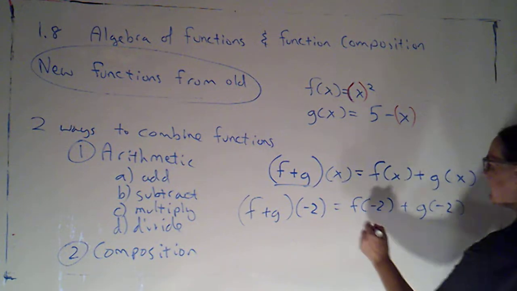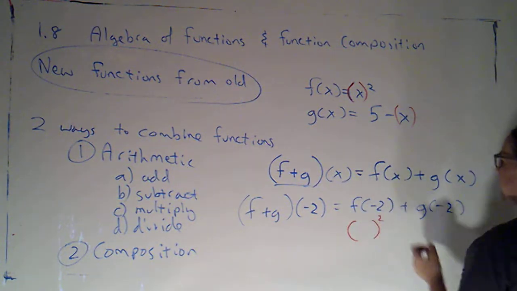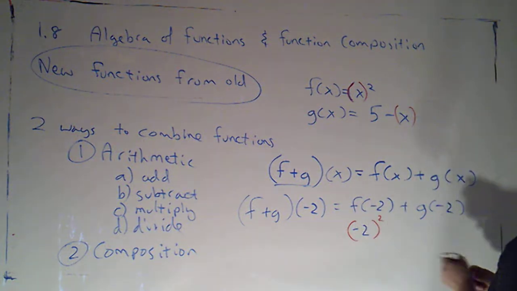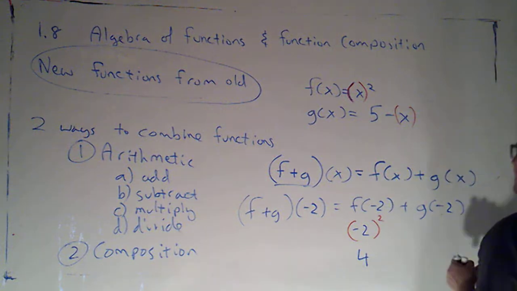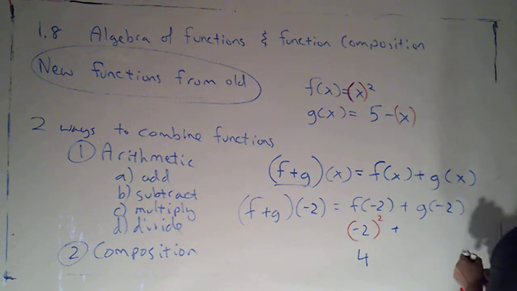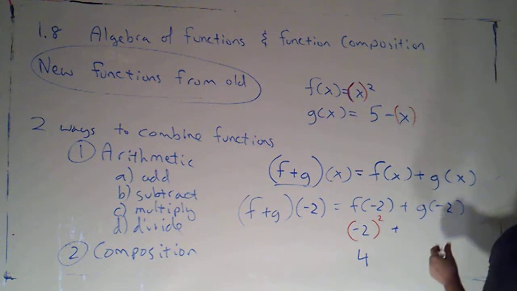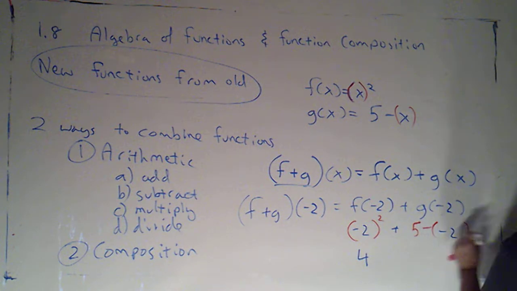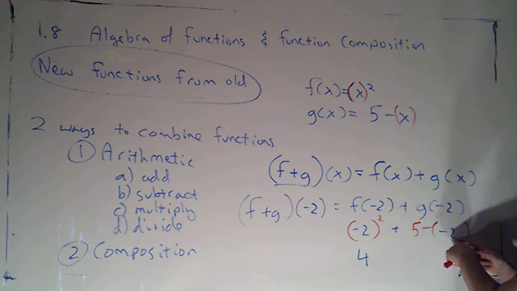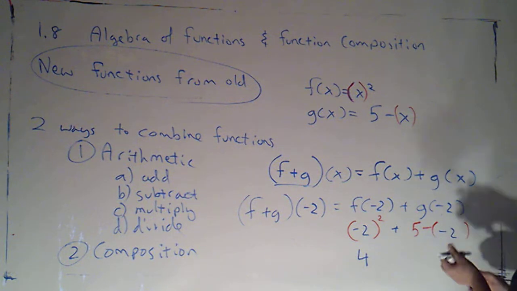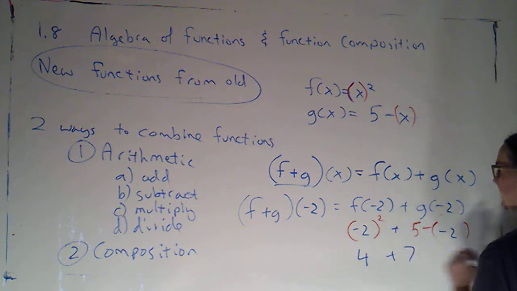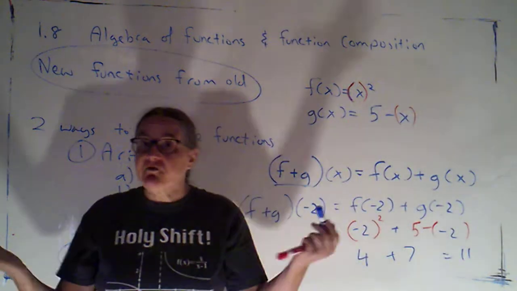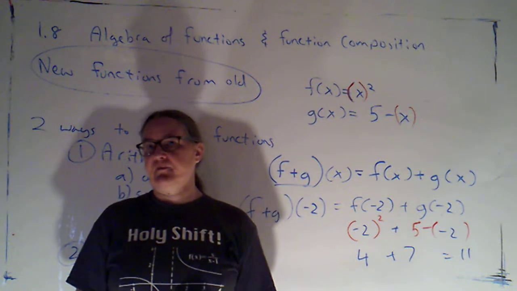When I'm evaluating f at negative 2, that's just going to give me negative 2 squared, which is 4. When I evaluate g at negative 2, that's going to give me 5 minus a negative 2. Do be careful with that negative. I'm subtracting a negative, so that becomes 5 plus 2. So that would be 4 plus 7, and that's going to equal 11. So I just plug into each function separately and then add the results.